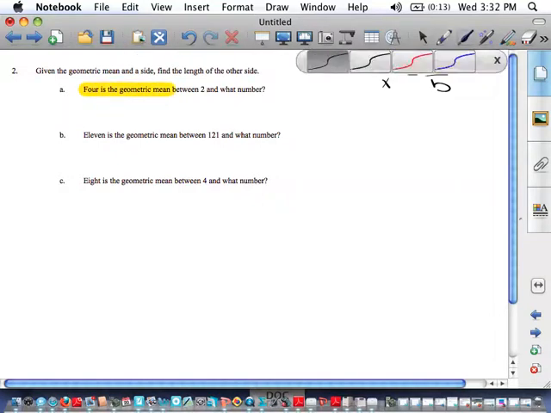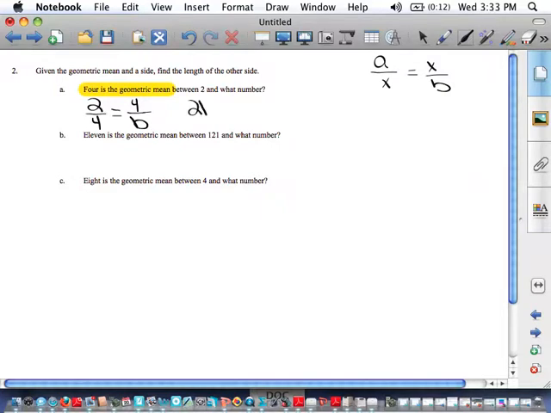So that means when we set up our little proportion, 4 goes in place of the X because it is the geometric mean. 2 can be substituted in for either A or B, and the other you leave as the variable. When you cross multiply, you get 2B equals 16. Divide by 2, so B equals 8.